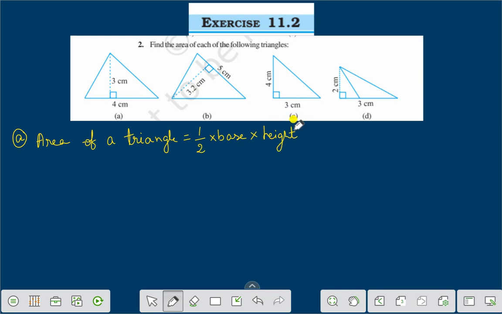Now in figure A, we find here that the base is 4 cm and the height is 3 cm.